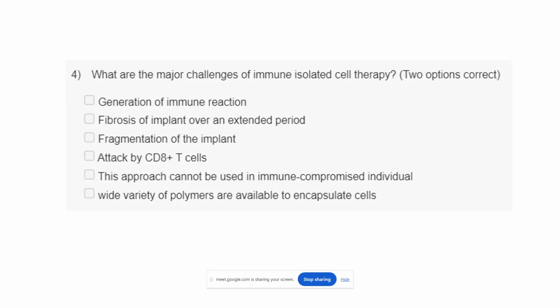Okay, anyone else? What are the major challenges associated with immune isolated cell therapy? Option 1 and 2.